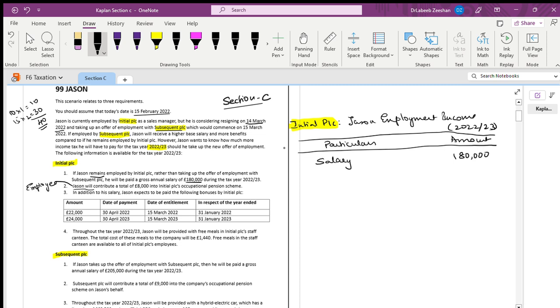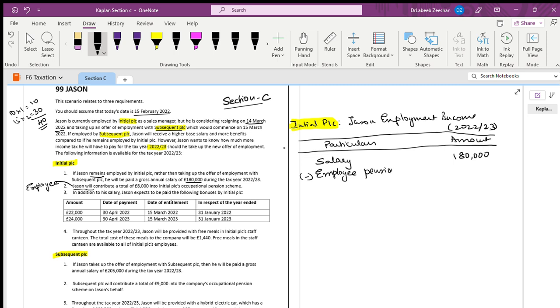Employee contribution is a different treatment, and employer contribution is a different treatment. Employee contribution is deductible. Employer is deductible. Employee is deductible always.